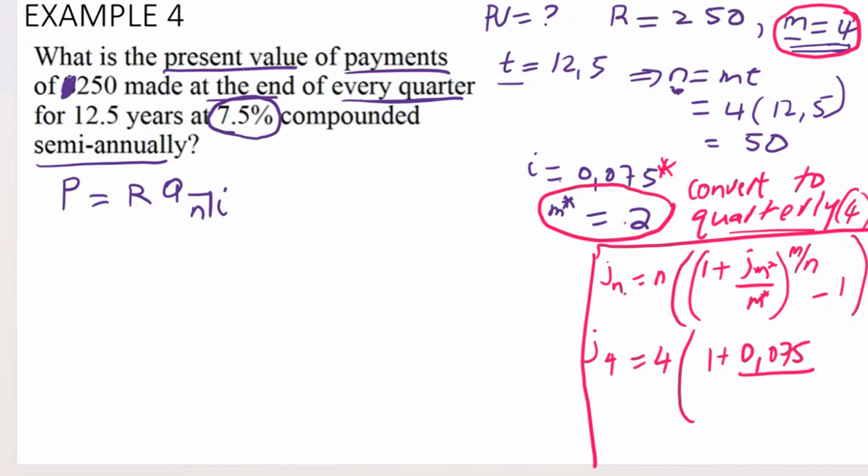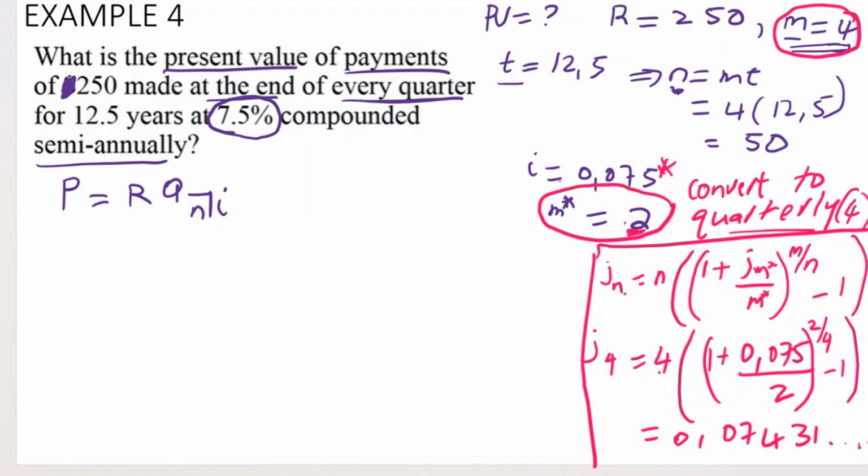This interest is compounding semi-annually, so your m is 2. Your n is 4, minus 1. This gives you the new interest rate of 0.07431.